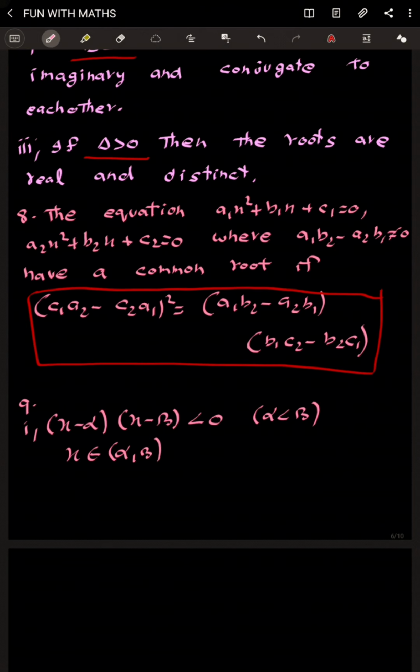So we have the formula x minus alpha into x minus beta less than 0. In such case we have to use x belongs to open interval alpha comma beta.